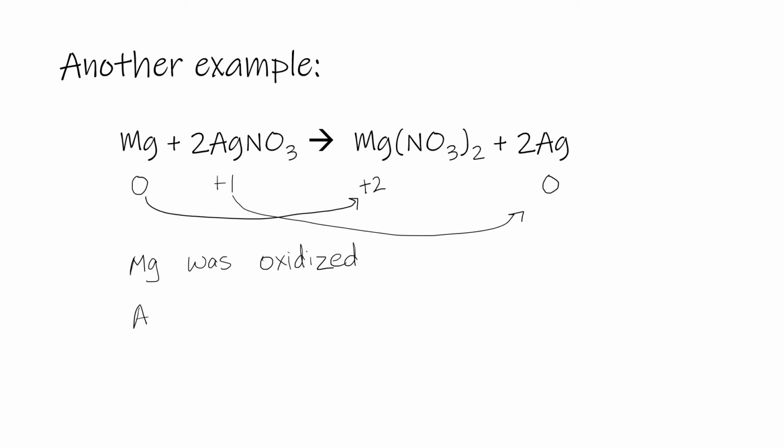So that silver ion in silver nitrate was reduced. So remember, LEO says GER, loss of electrons is oxidation. So that means that magnesium lost electrons in this reaction. GER, gain of electrons, is reduction. So silver ion gained electrons in this reaction and went from a positive charge to a neutral charge.